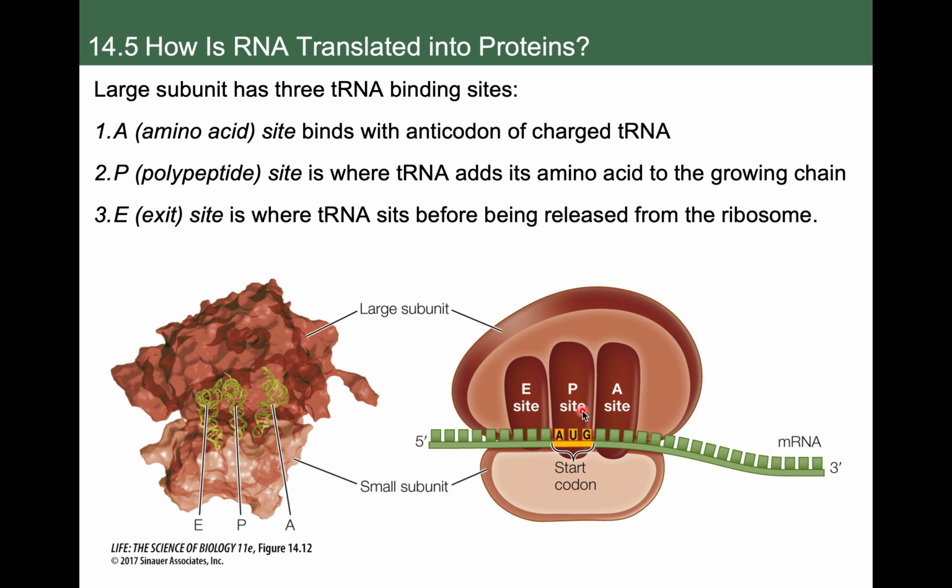P is polypeptide, so the chain is actually going to be physically growing in that P site. And then E is exit, so that's where the empty tRNAs are going to leave. So think of this as entry, polypeptide growth, exit.